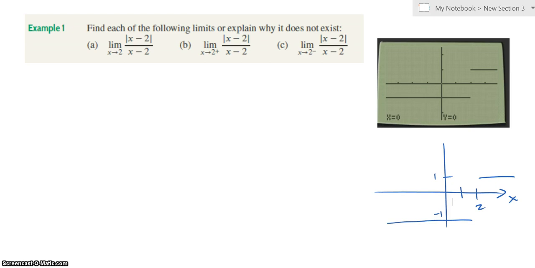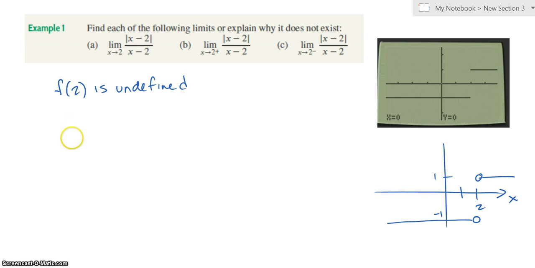Okay. By the way, there is a hole at 2. There's no value at 2 because f of 2 is actually undefined. f of 2 is undefined because you would put a 0 in the denominator there and that wouldn't make sense. So I'm going to put a hole there.